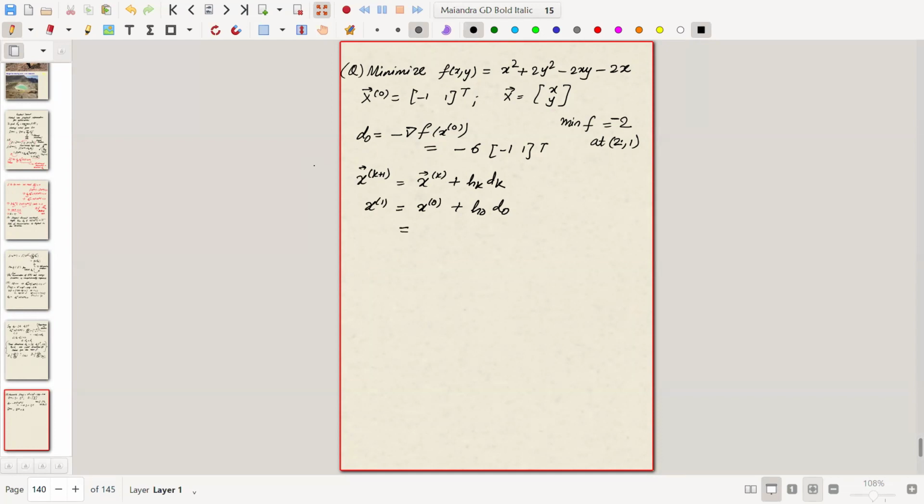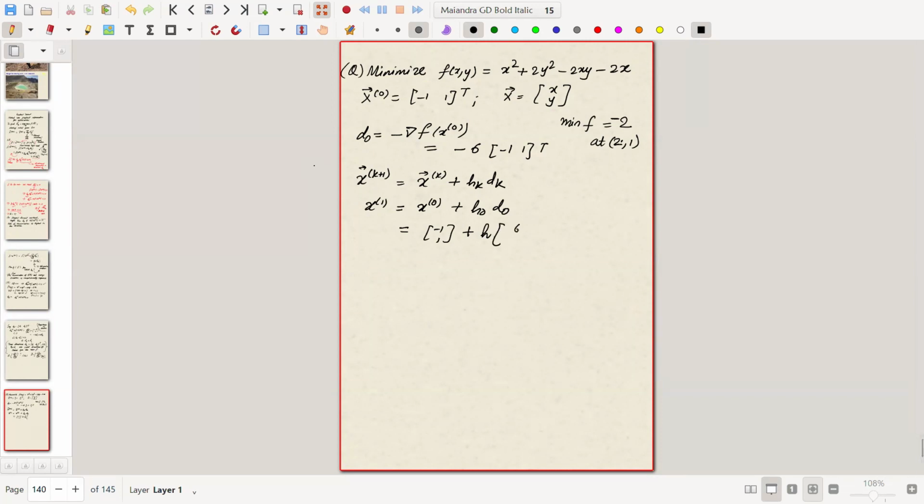So x0 we already know, it is (minus 1, 1). What should we take h0? Maybe we will not decide now. We will not fix h0. We will find what h will minimize the function. It's clear, right? You keep h0 like that.